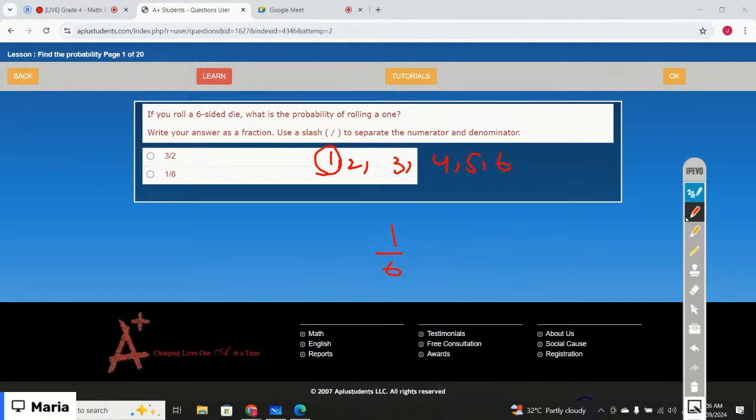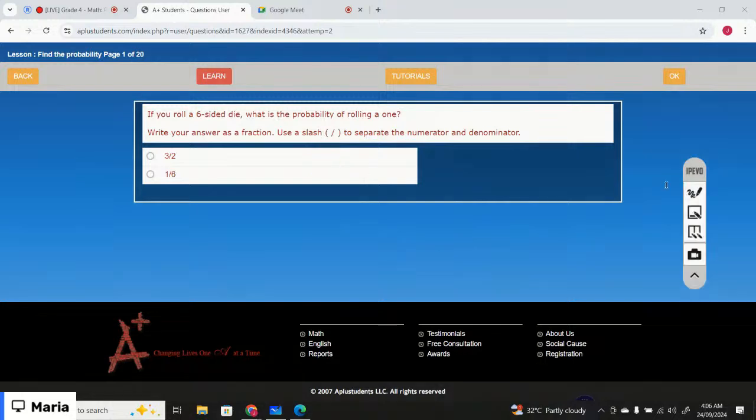The total outcomes are 6, and the 1 is the required outcome, so the probability is 1 out of 6. The correct option is option number 2, that is 1 by 6.